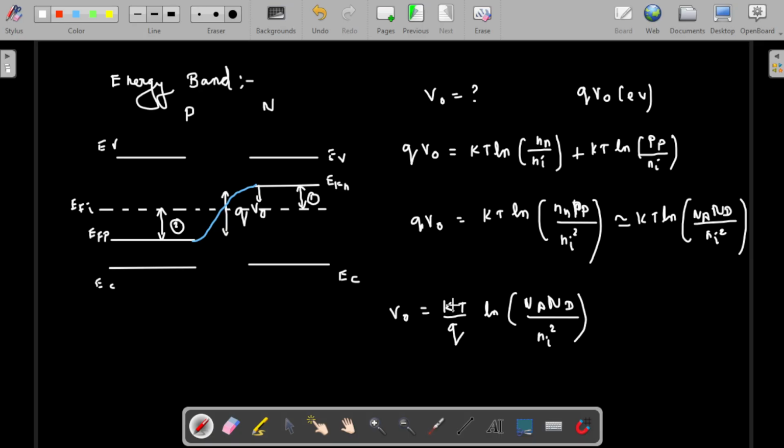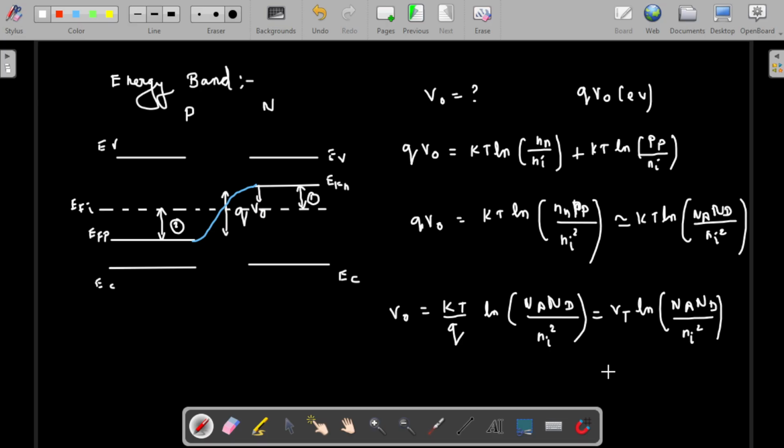I hope you can now differentiate kT by q, which is written as VT. This is fine, right?